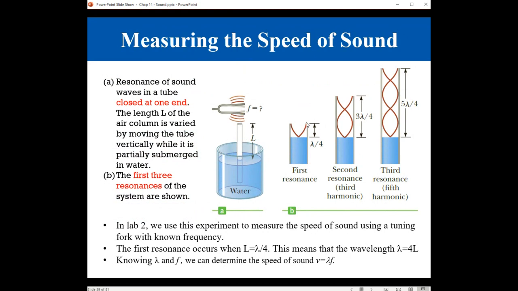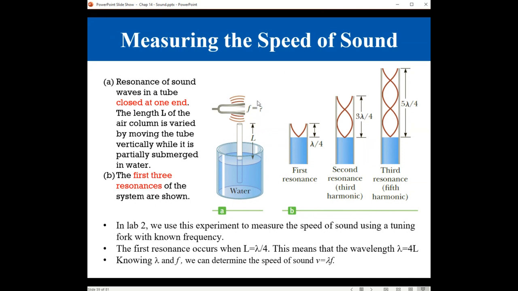You have this first resonance. First resonance makes this length equal 1/4 lambda. Then the second resonance, when this length is 3/4 of lambda. Then the third resonance, when this length is 5/4 of lambda, and so on and so forth.